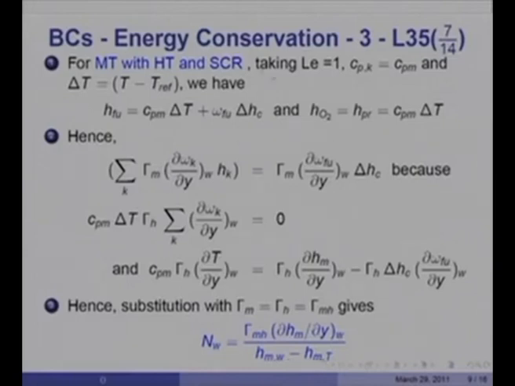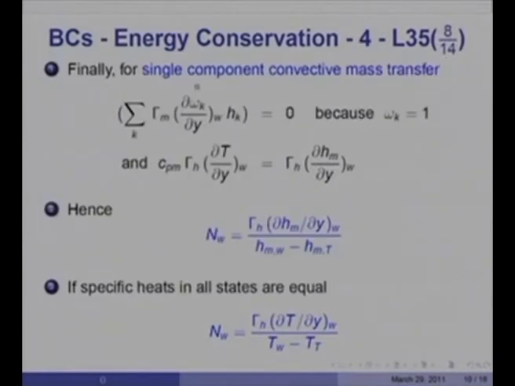So even in simple chemical reaction, with these assumptions of equal Lewis number equal to 1 and equal specific heats, we recover the same form as we had earlier with inert mass transfer with heat transfer. Finally, let us look at single component convective mass transfer.